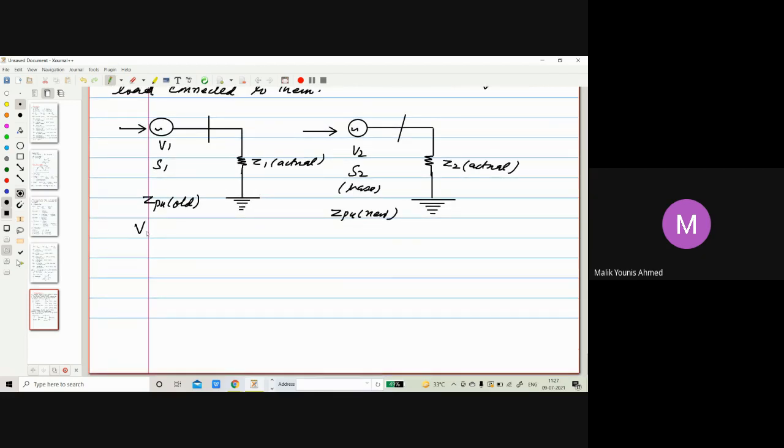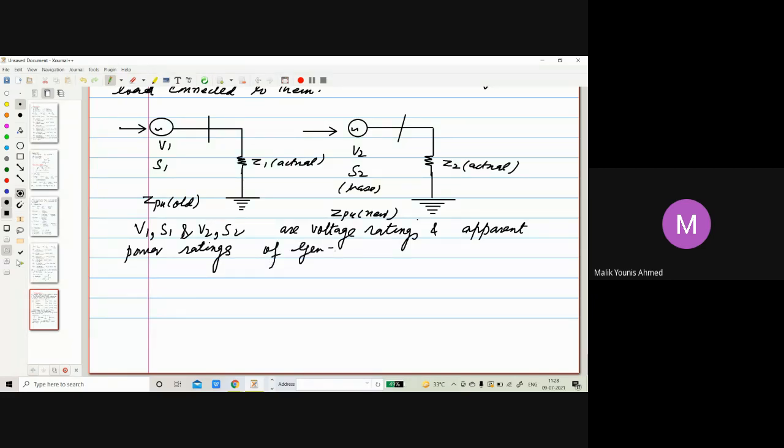I'll write here V1 comma S1 and V2 comma S2 are voltage ratings and apparent power ratings of generator 1 and generator 2 respectively.